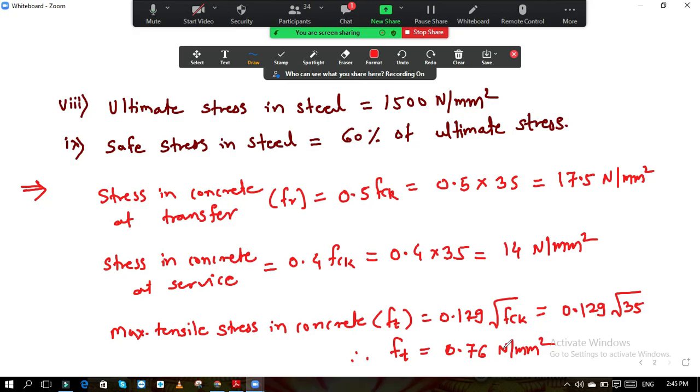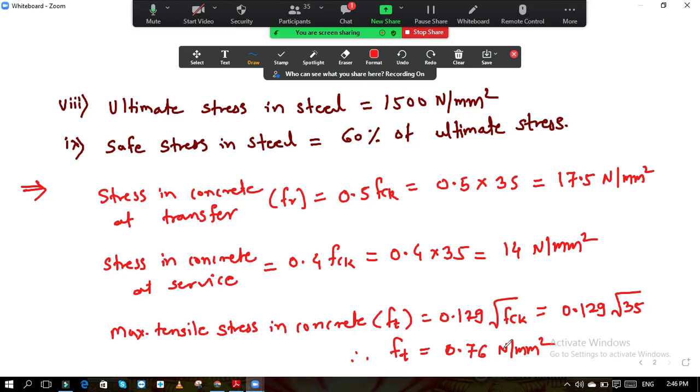So at the time of transfer of prestress, what is the stress in concrete? It is 0.5 fck, when we are giving the prestress. At service means what? After providing the prestress, everything is done, and that member is now giving the service, or that member is applied in some bridges or anywhere.